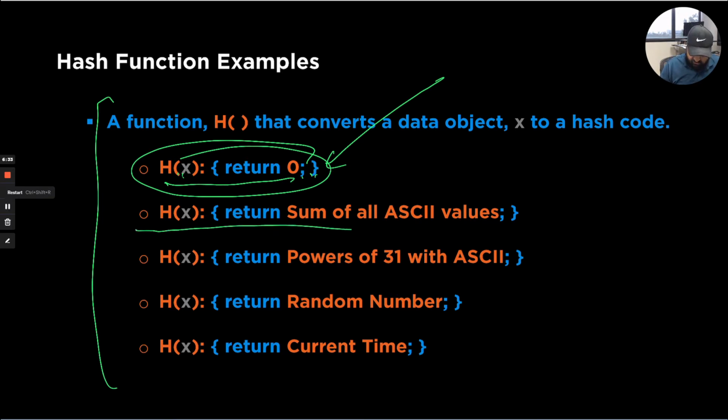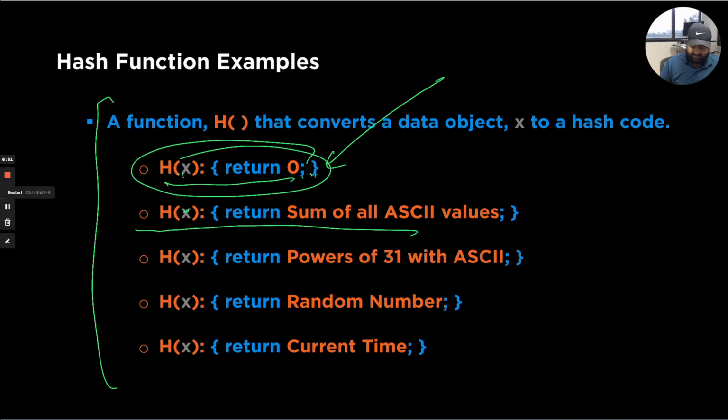The next one was the sum of all ASCII values. Let's say we pass in a string into this; my intention was x is a string. I'm using x as a string specifically for this example, but you can treat x like any particular value.